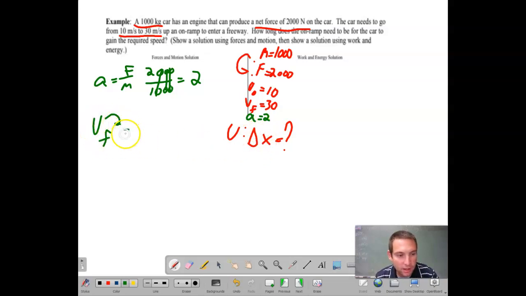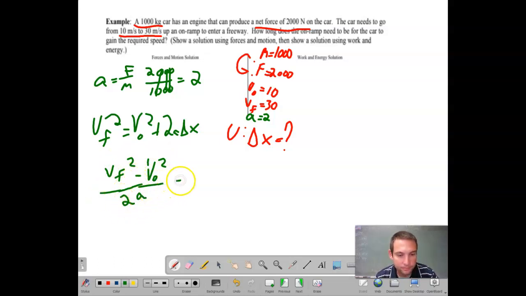Vf squared equals V naught squared plus 2a delta x. Solving for delta x, we get Vf squared minus V naught squared, divided by 2a. And now we can substitute.